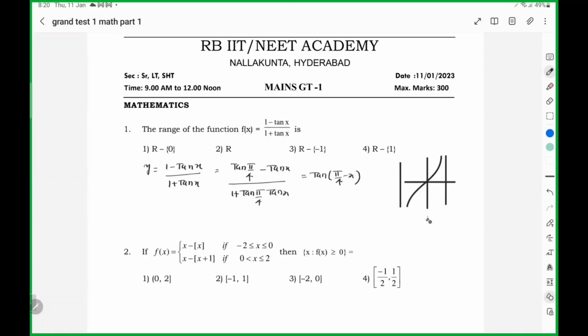So the graph will be the tan pi by 4 minus x graph. Just the shift occurs. So it is also from minus infinity to plus infinity, but we have a certain problem.